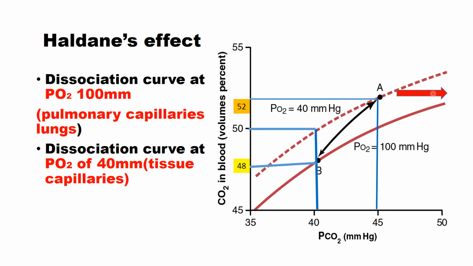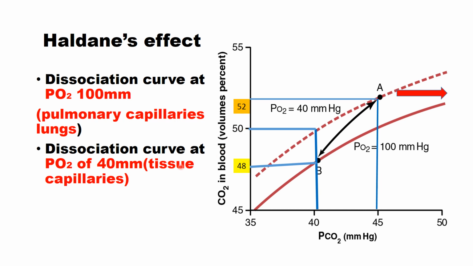Now we consider a situation if there is no shift of this curve and there is no Haldane effect. What will happen? The release of carbon dioxide at the partial pressure of 40 at the level of lung will be only 50%. That means there would be a loss of only 2% of carbon dioxide, that is 52 minus 50.